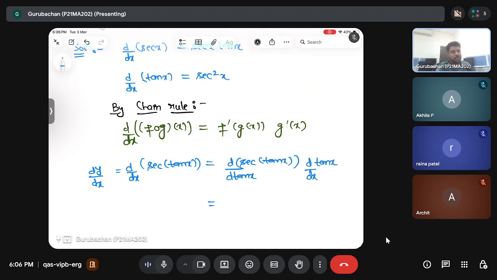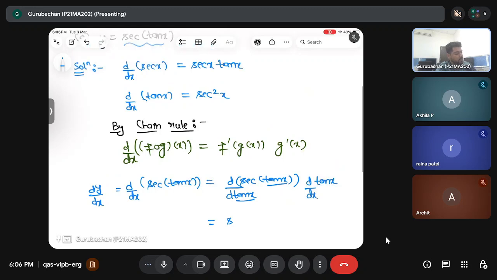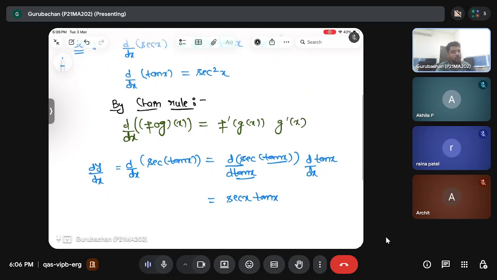I'm writing this just for simplicity. Since the independent variable is the same, we can directly apply the differentiation definition. So this will be secant 10x, and when you do the derivative here, the angle is 10x, so tan of 10x.